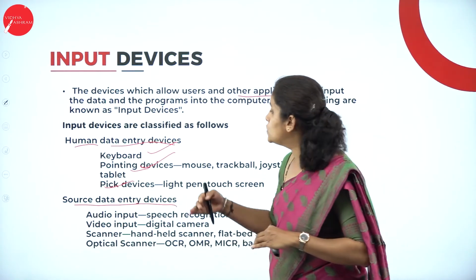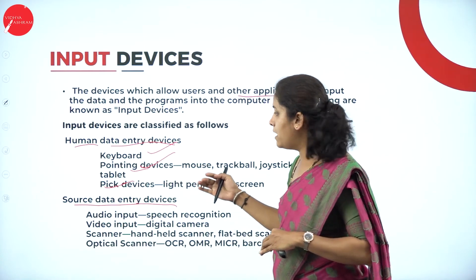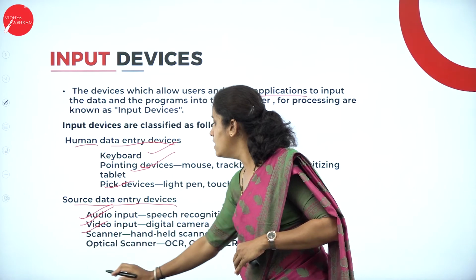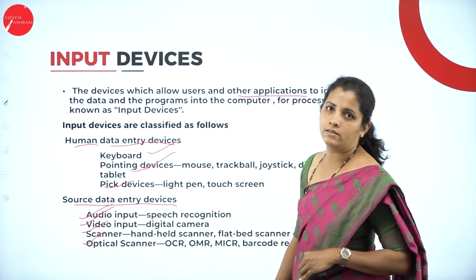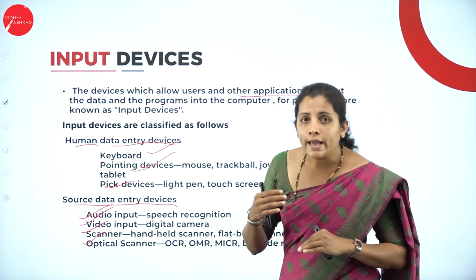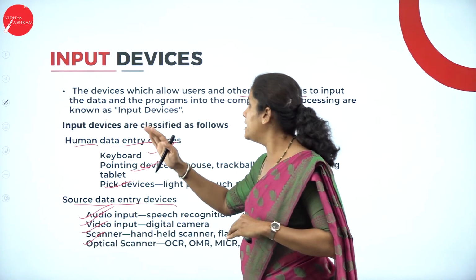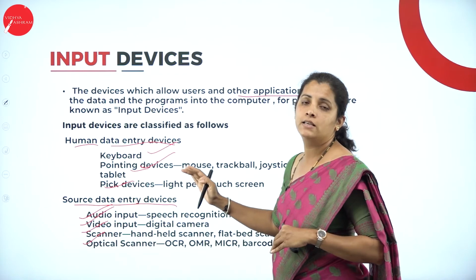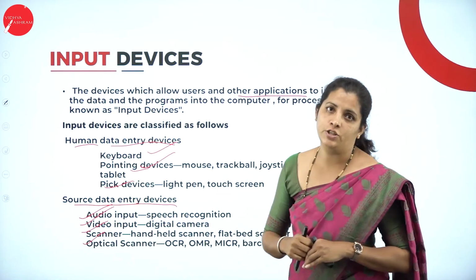In the source data entry device, we are going to get audio input, video input, scanner and optical scanner. Anyway, I am going to explain human data entry device and source data entry device in the next session.